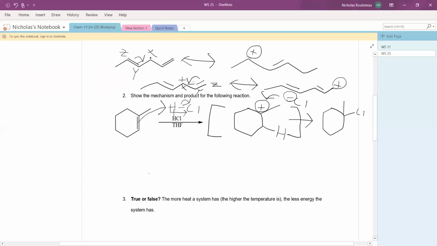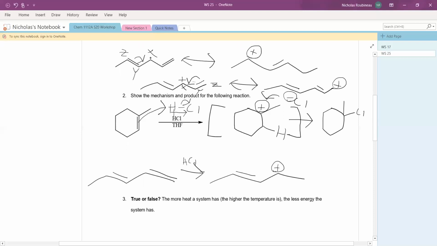Okay, so you can see that a cation forms as an intermediate for this reaction of an alkene with HCl. If we reacted HCl with this, then an intermediate could be this cation forming.